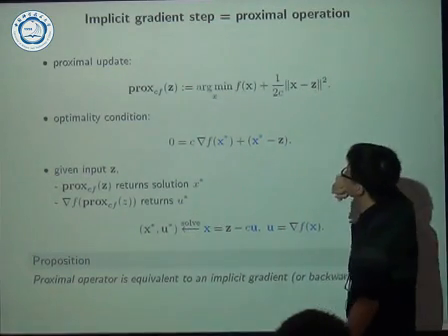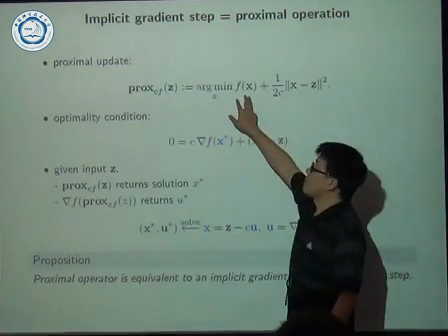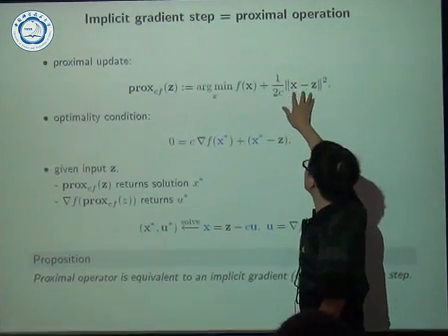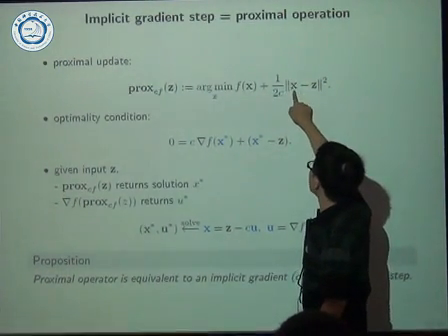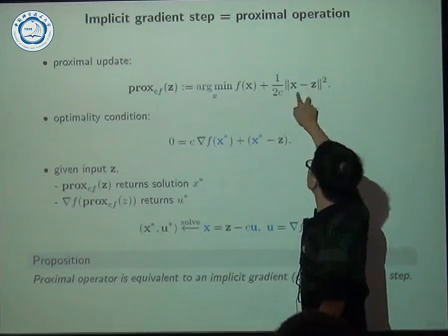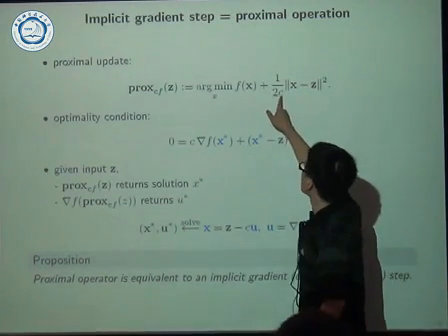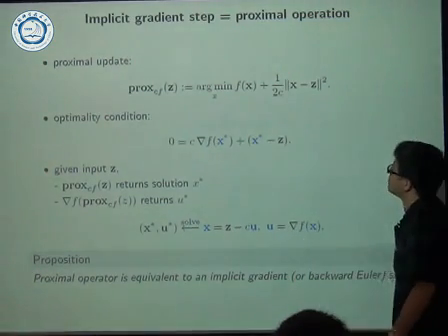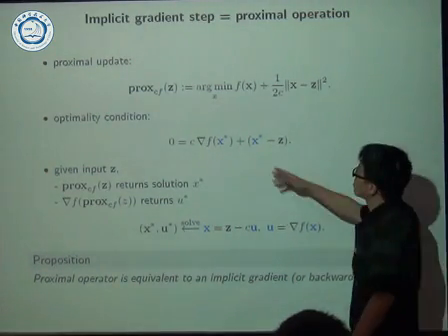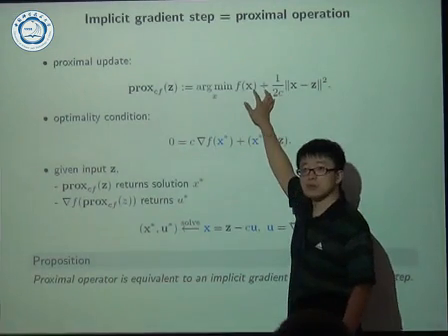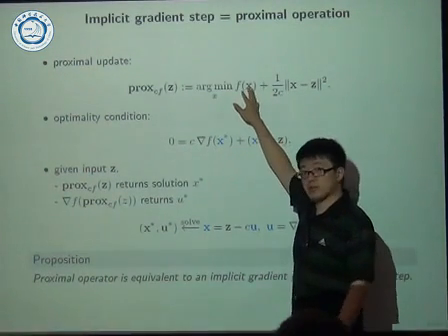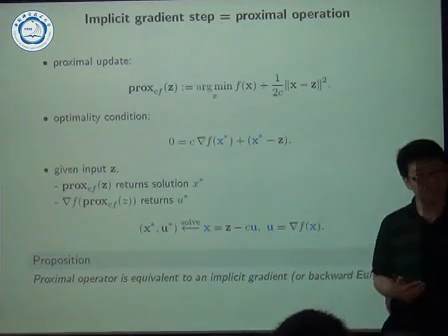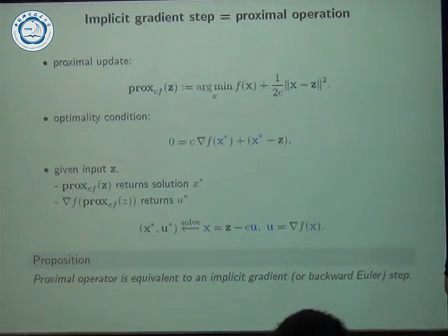You minimize our original function, but not just itself, but plus a term that's quadratic in x, which is x minus Z 2 norm squared, with some weight 1 over C. So you can think that we're minimizing the sum of two functions. We're going to try to minimize f of x, but at the same time also keep x close to z in the quadratic sense.